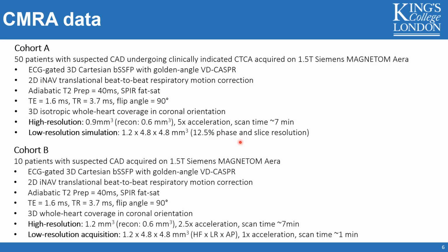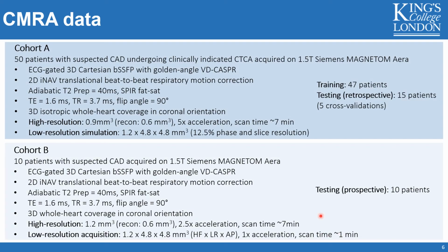We acquired a second cohort in 10 patients on the same machine with the same imaging conditions, where we acquired two acquisitions: a high resolution 1.2 millimeter isotropic, which got reconstructed to 0.6 millimeter, acquired in the same scan time of around 7 minutes, and a prospectively downsampled acquisition with the resolution of 1.2 by 4.8 by 4.8, with an overall scan time of around 1 minute.